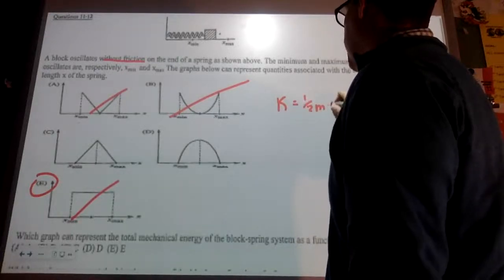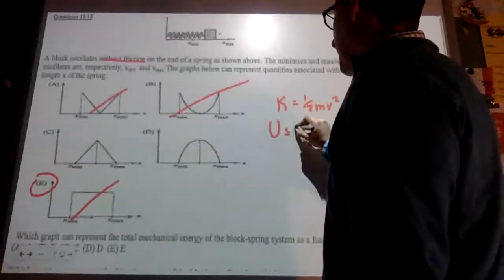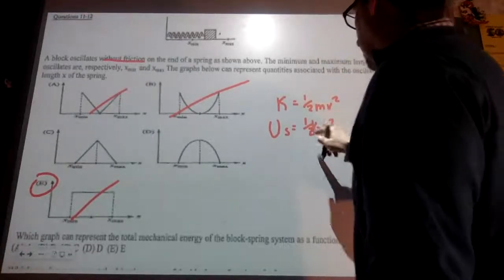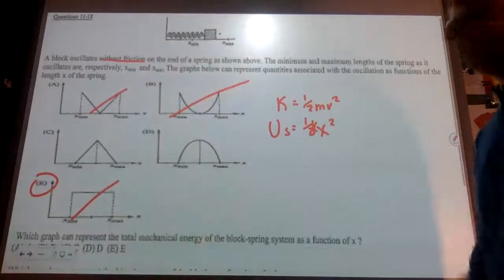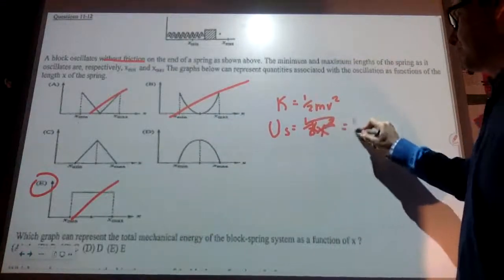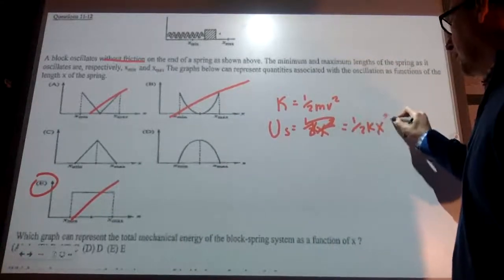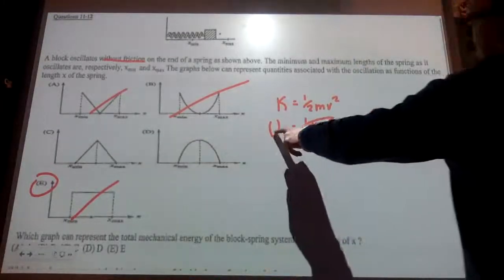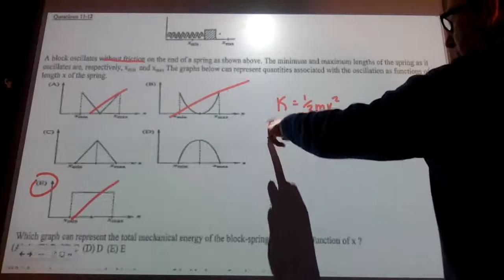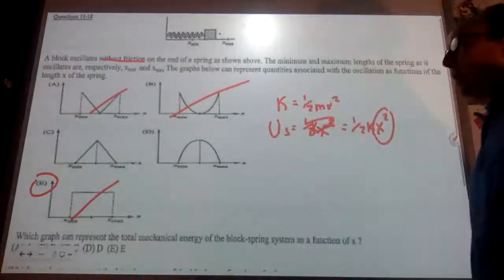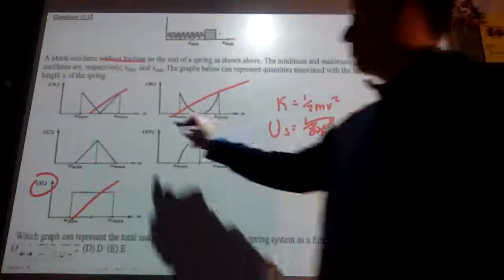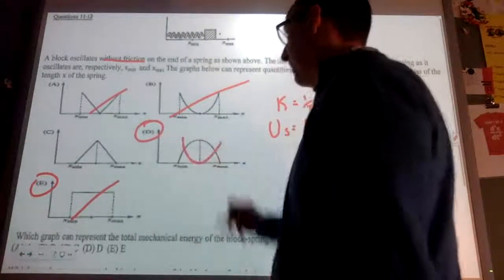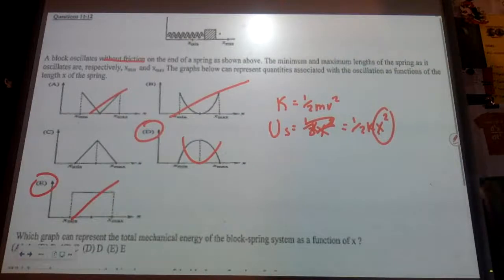Well, kinetic energy is 1/2 mv squared, but it's going to be the opposite of the spring energy, which is 1/2 kx squared. I just wrote that. So because x squared is directly proportional to spring energy, and spring energy is related to kinetic energy, it's going to be the opposite, right? Our spring energy would be the sad face underneath.